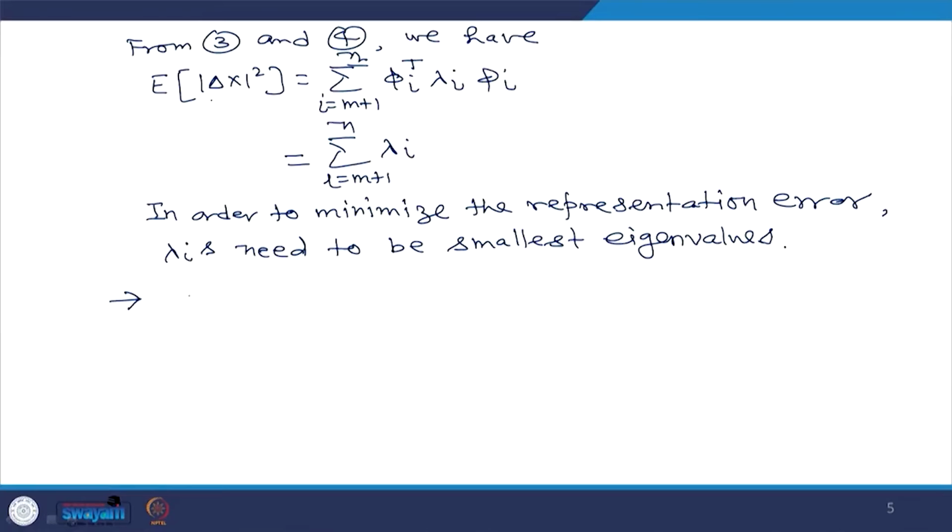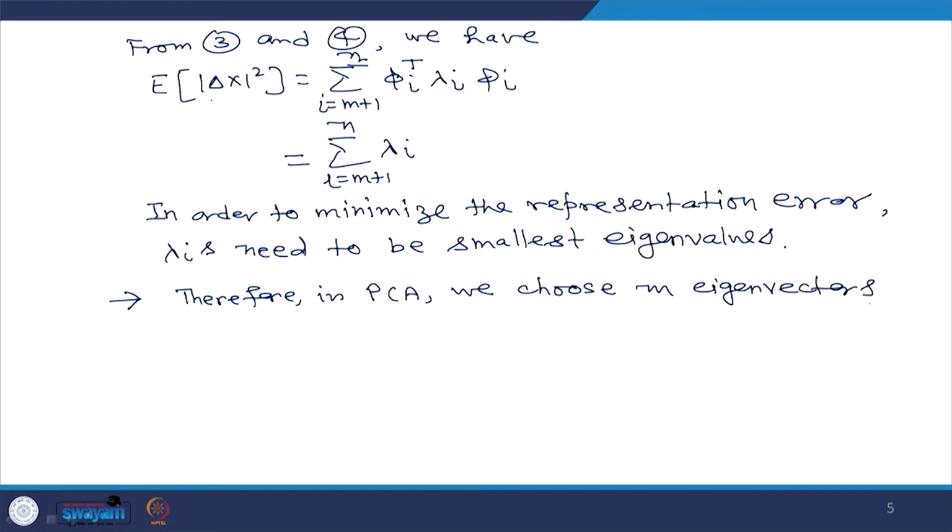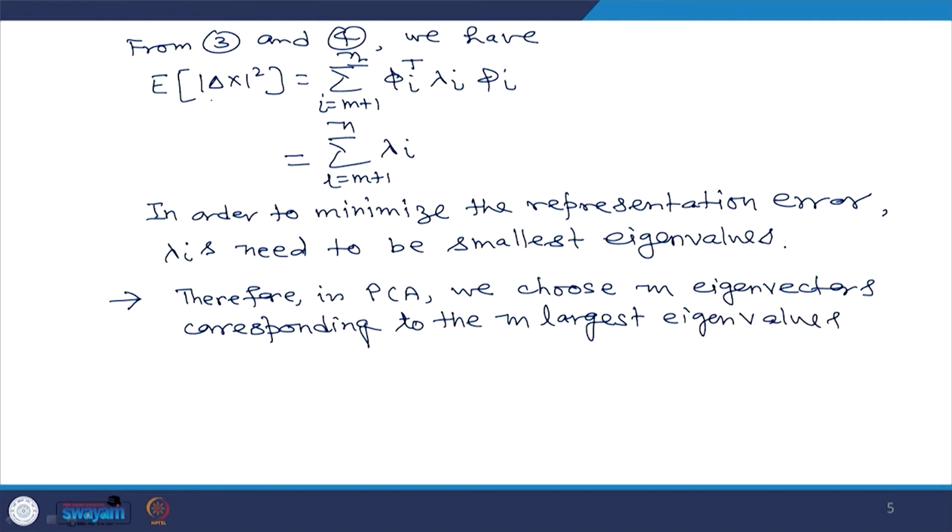So, what do we conclude from this derivation? Therefore, in PCA we choose m eigenvectors corresponding to the m largest eigenvalues lambda i of the covariance matrix sigma x as the principal directions.